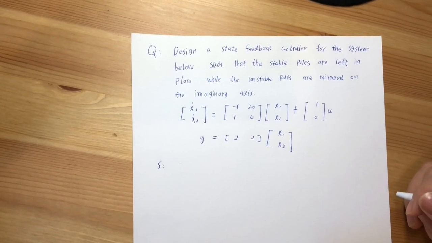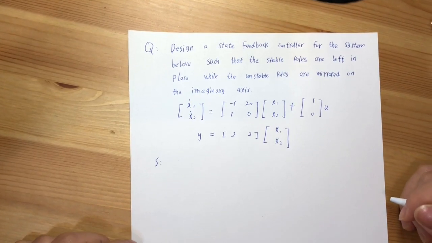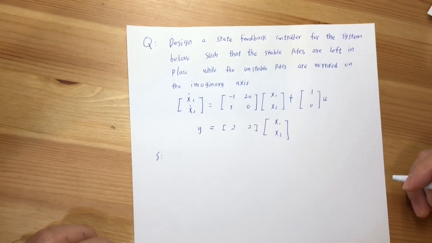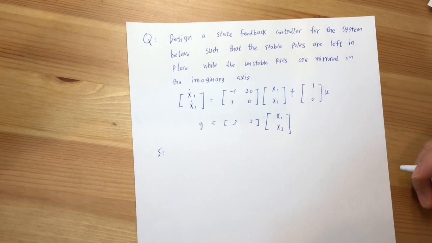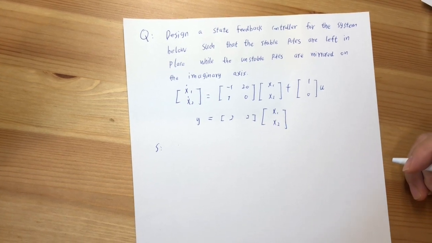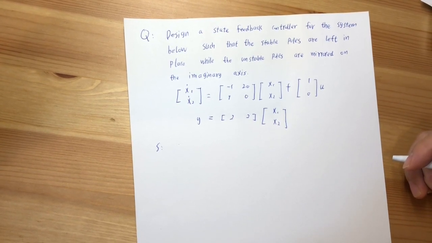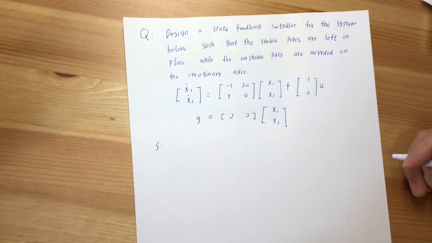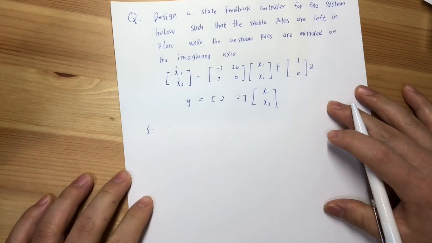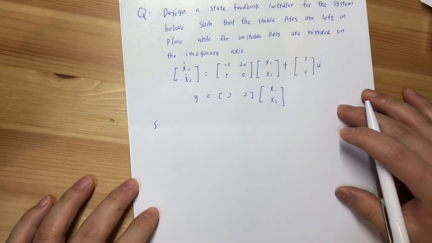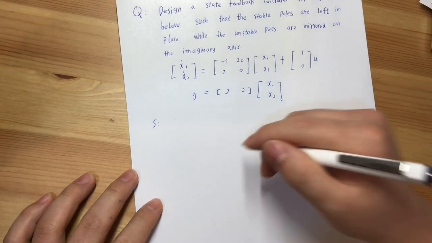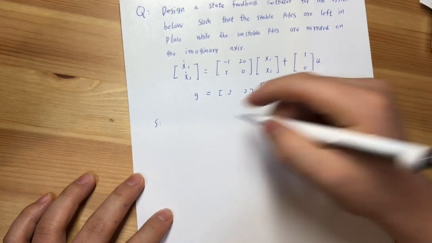Now we solve another example. Design a state feedback controller for the system below such that the stable poles are left in place while the unstable poles are mirrored on the imaginary axis. Now we first solve for the original poles of the system. The matrix of the system is below.